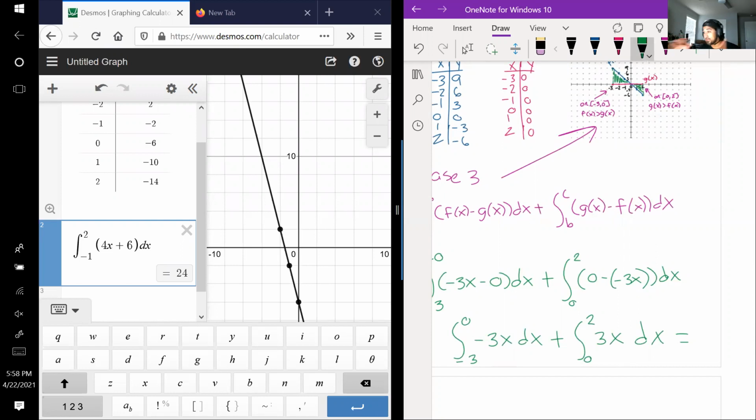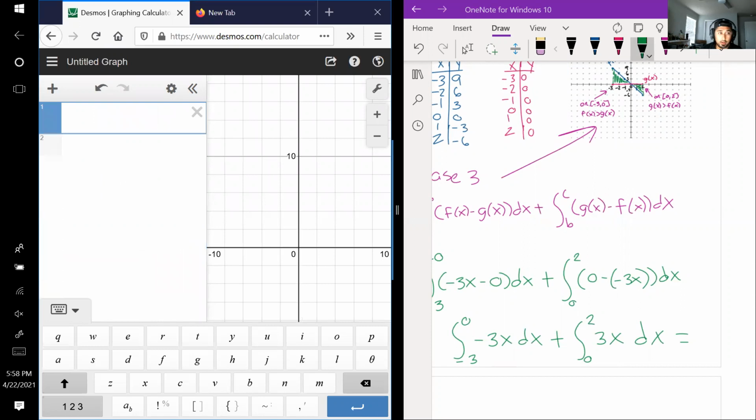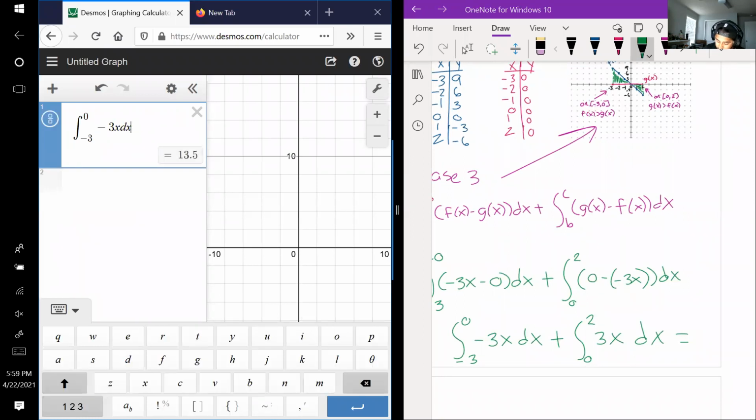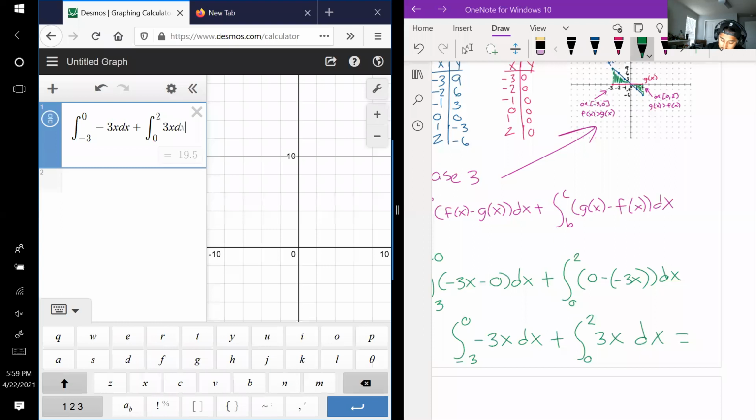And now this last integral is what we're going to type in our calculator. All right. Okay, so we're going to go the integral from -3 to 0 of -3x dx plus the integral from 0 to 2 of 3x dx.